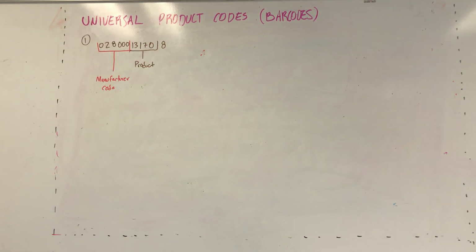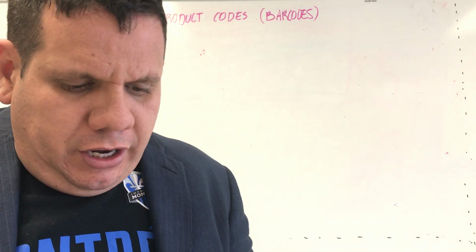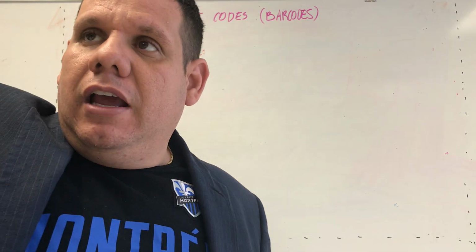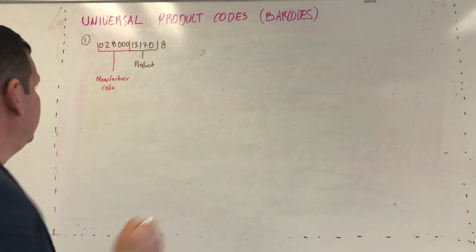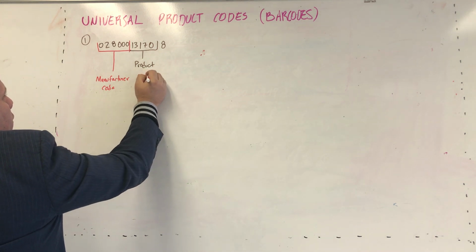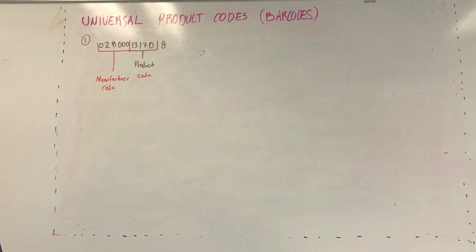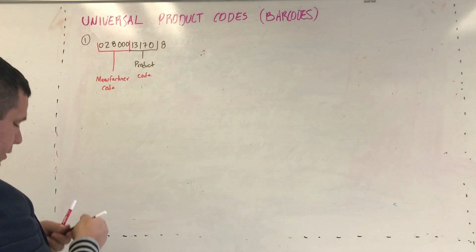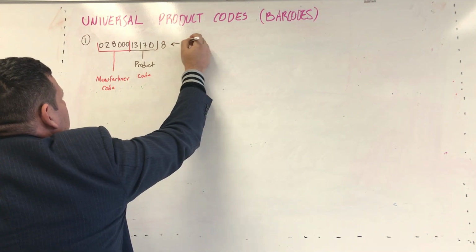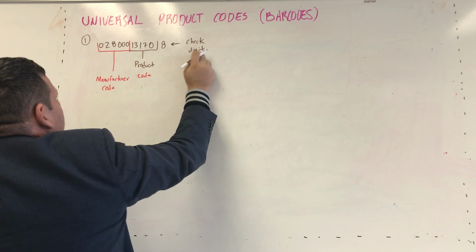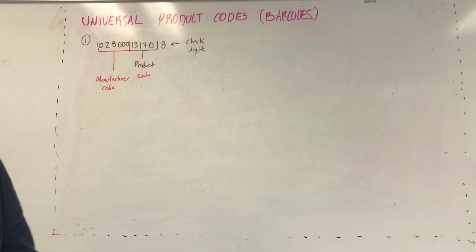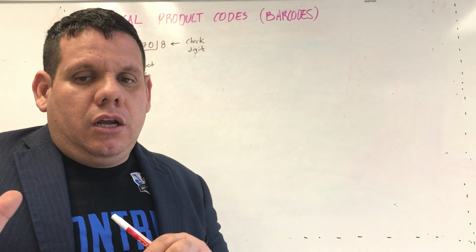Okay, for this chocolate, which is Crunch, and this size, the product code is 13170, and the 8, this number right here, is the check digit. So this check digit will let you know if the product is good or not.